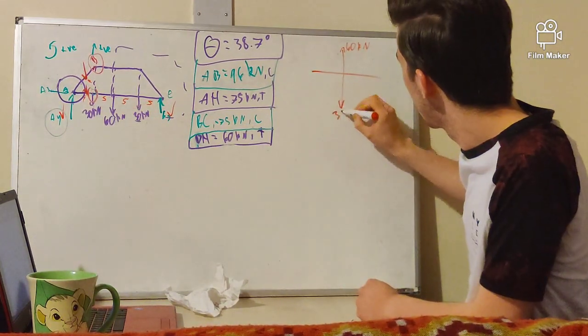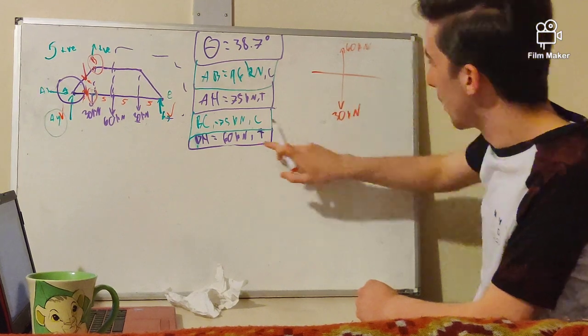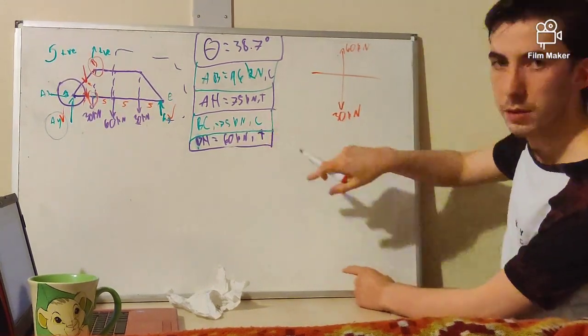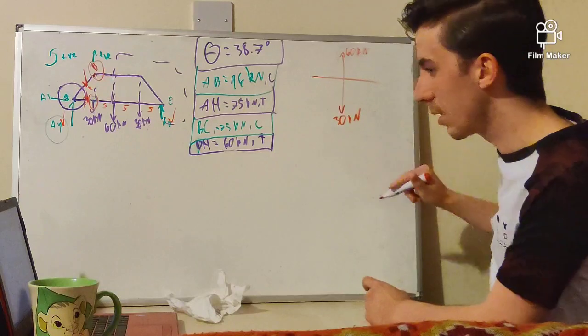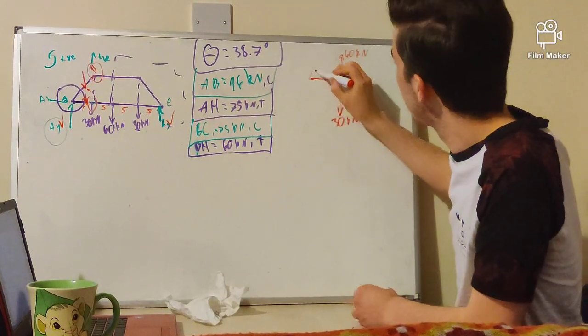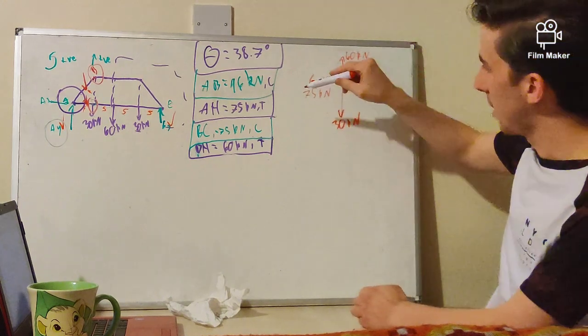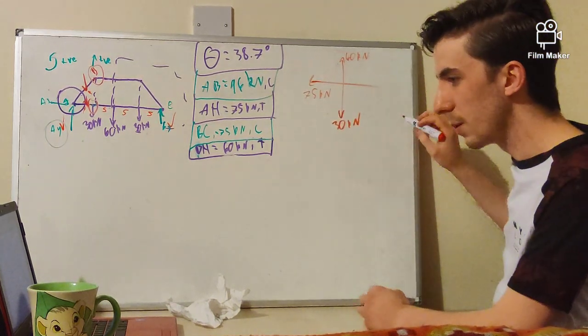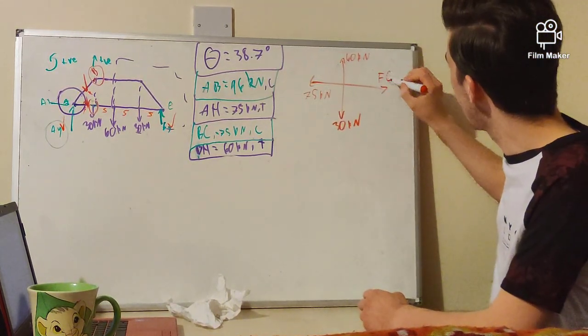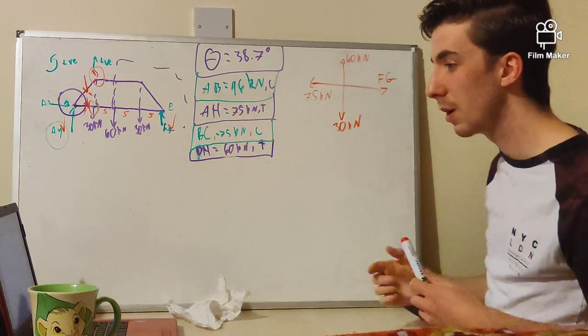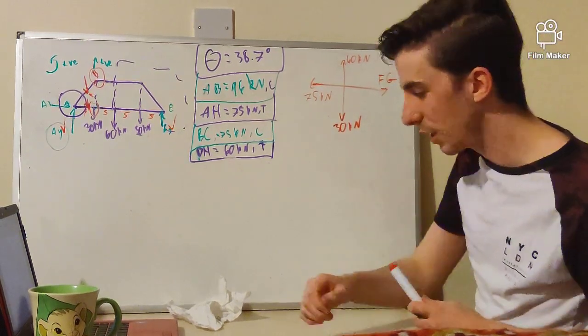We know that's a 60 because I just wrote it down. I'm not just pulling it out of the back of my ass. We know this is 75 because that's there. And we know this, which is FG. So we don't know. No, that's a complete lie.